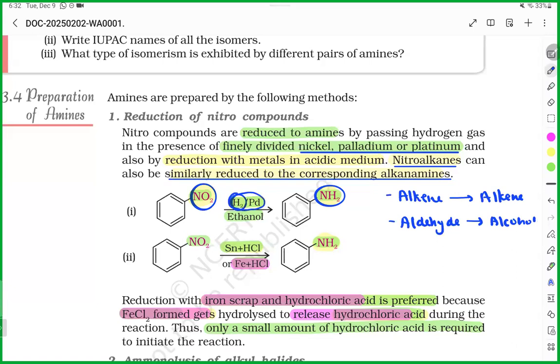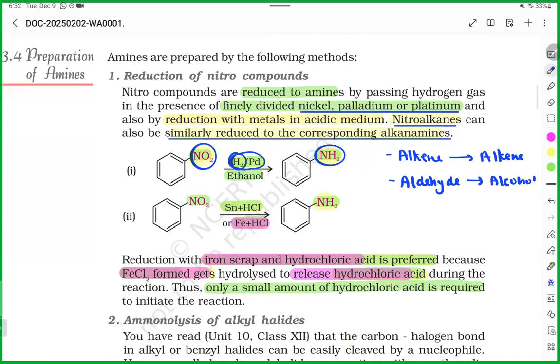Understood? Hydrogen and catalyst. This is one method. First reaction is done.